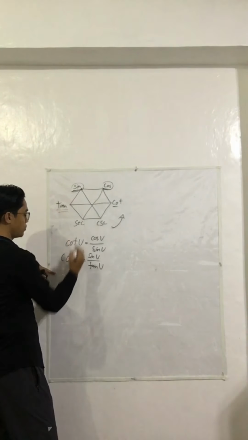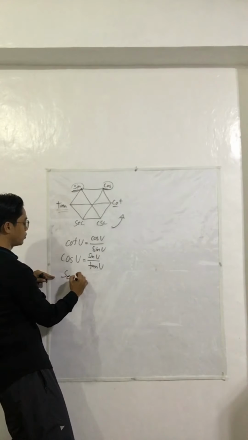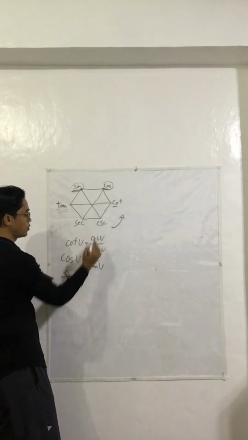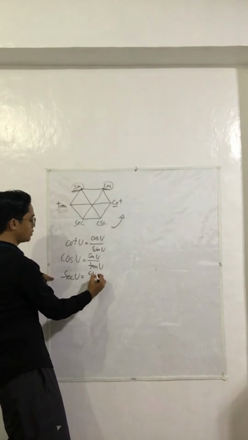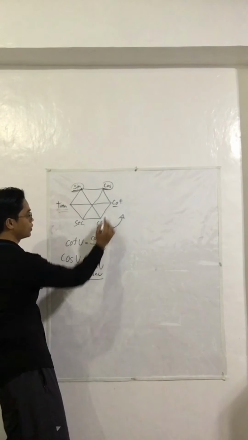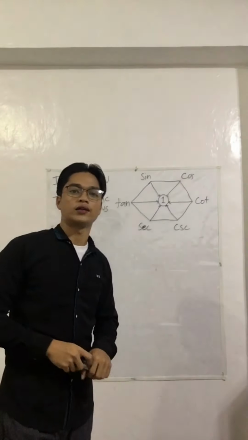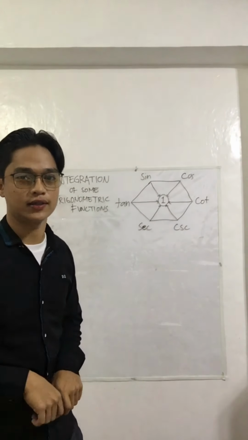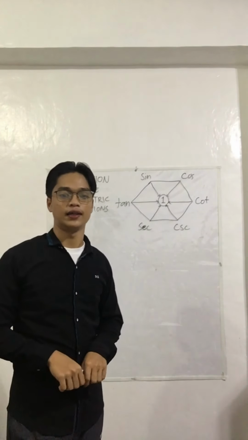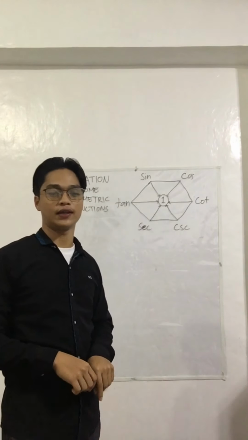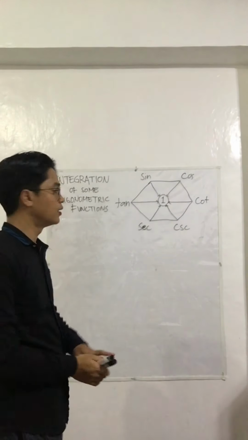Or sa secant naman, ang equivalent ng secant u is equal to cosecant u over cotangent u. So ganun lang.